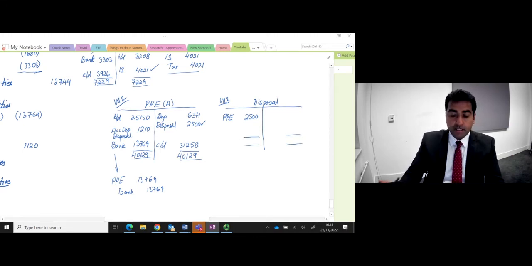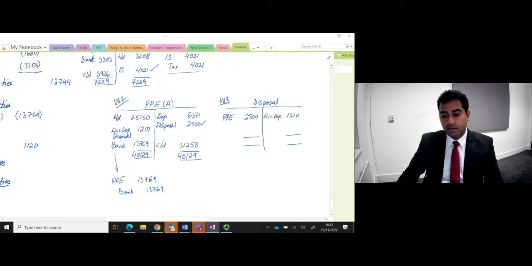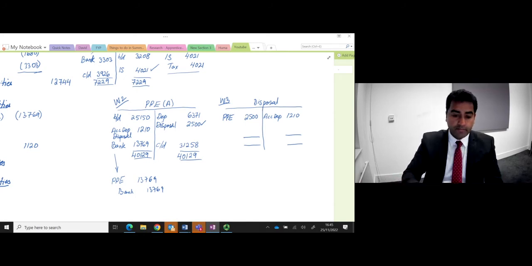The depreciation, accumulated depreciation related to this disposed of asset is 1210, and I need to record it 1210. Accumulated depreciation on the credit side. And then I have to record any loss or profit we have made on this asset.